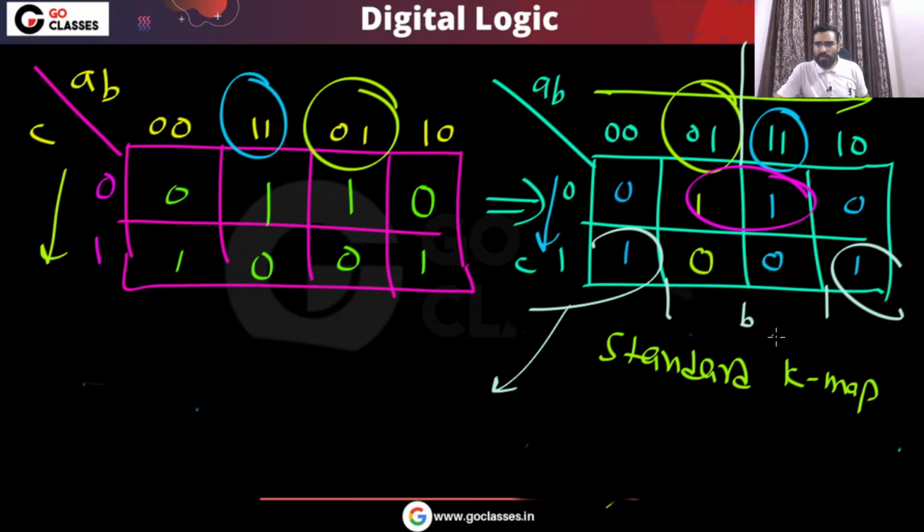This is the area of b, because here b is 1, and this is the area of c, because c is 1. So I can say that this is in the area of b bar, in the area of c. And notice, in which area is this? Look, this is in the area of b and the area of c bar.